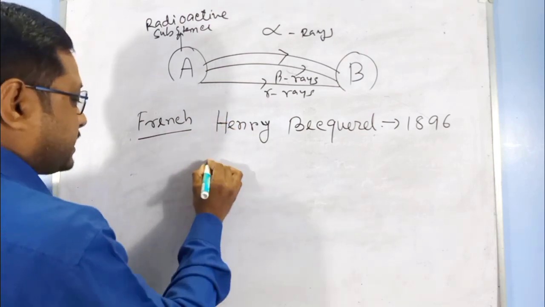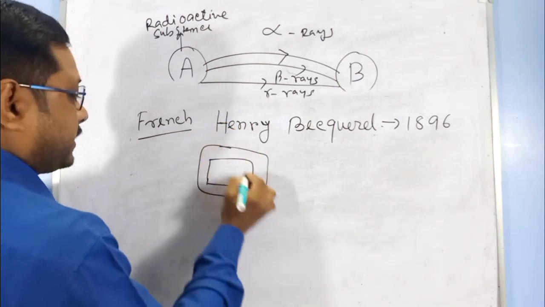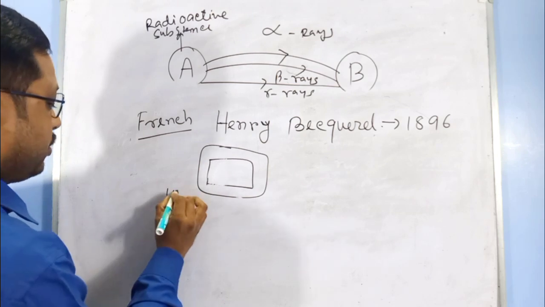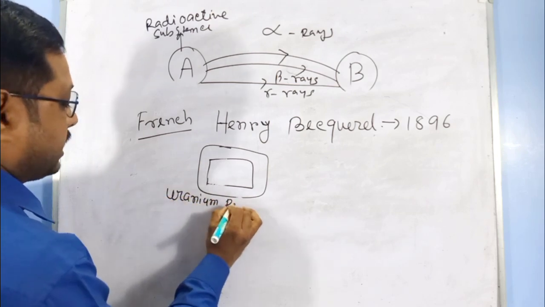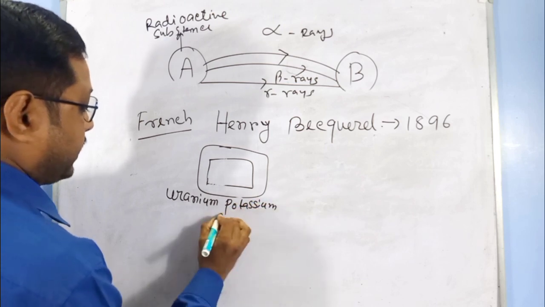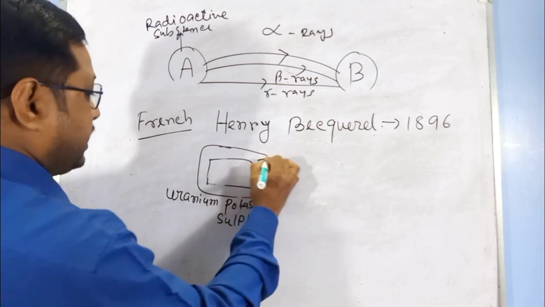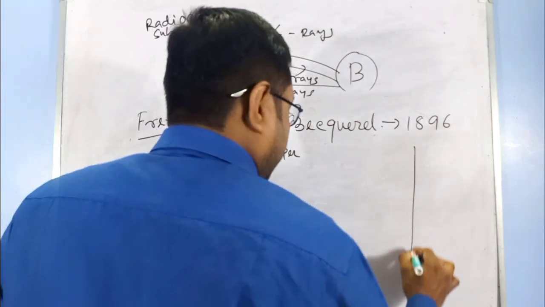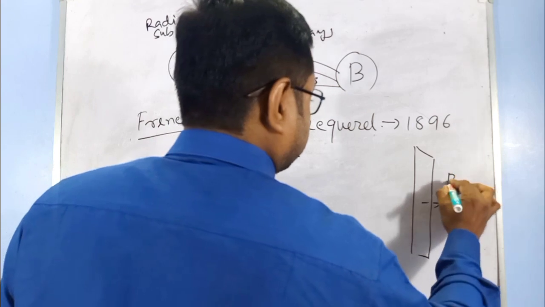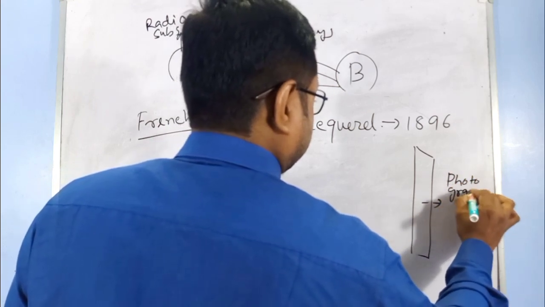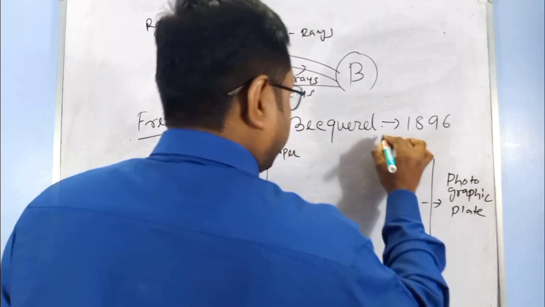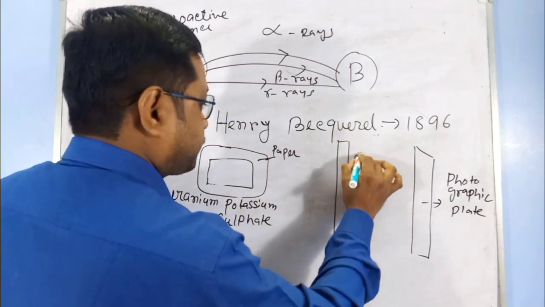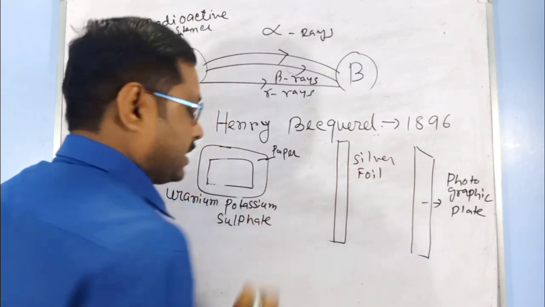placed a substance wrapped in paper, uranium potassium sulfate, in a drawer, and there was a photographic plate isolated from the uranium potassium sulfate by a silver foil or silver paper.